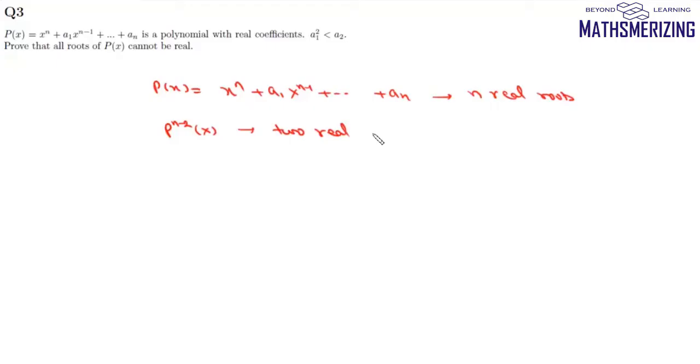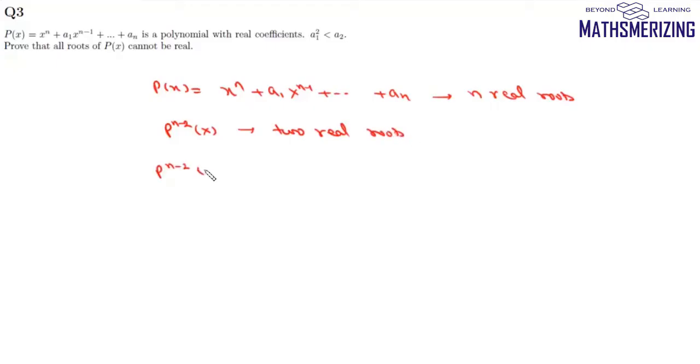Now we are given that P(x) is x^n + a1 x^(n-1) + ... + an, and suppose it has n real roots. So if it has n real roots, then its (n-2)th derivative, P^(n-2)(x), will have 2 real roots.